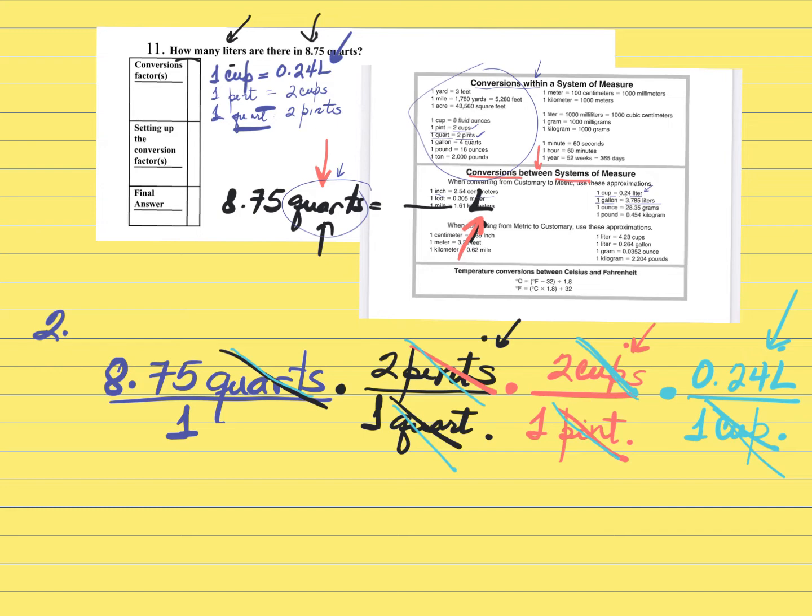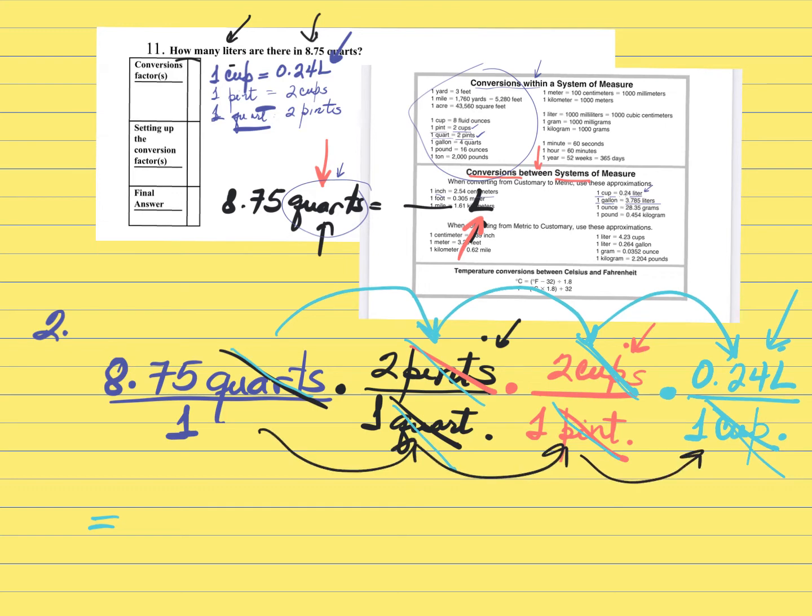Miss Ramos, how are we going to solve all of this? Easy peasy. You're going to multiply numerator times numerator, and then you're going to multiply denominators times denominators, and then you're going to divide.